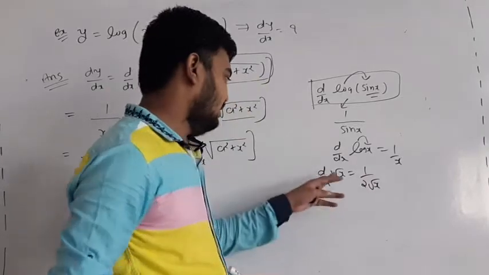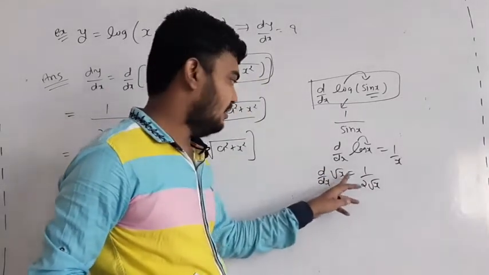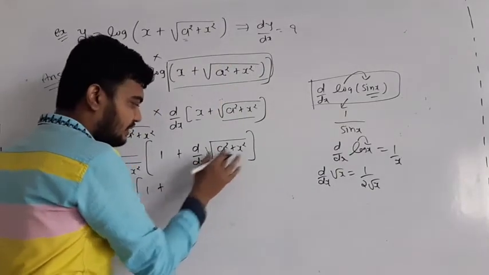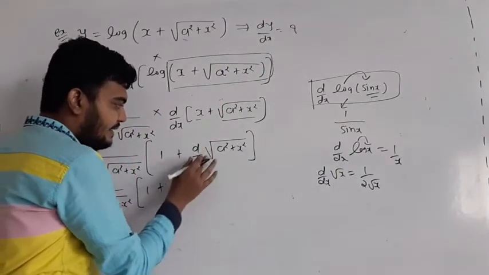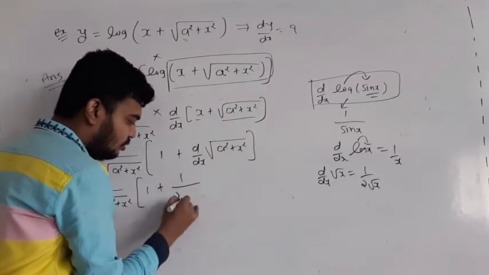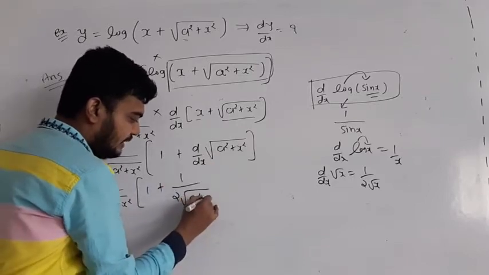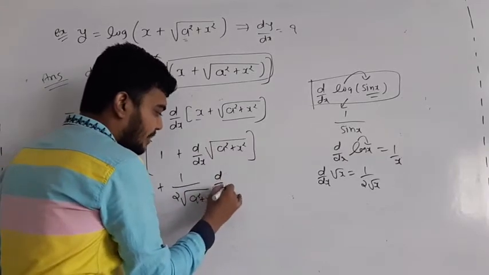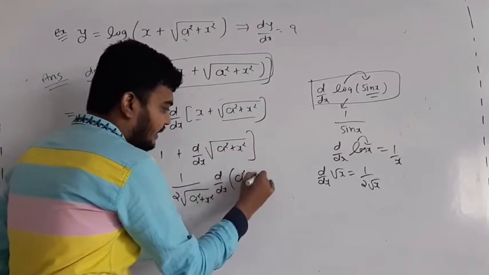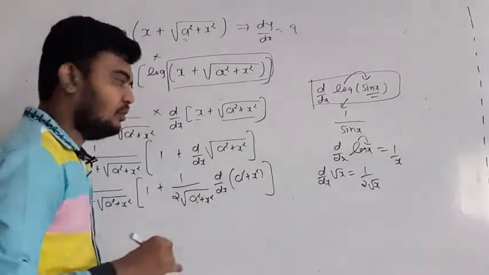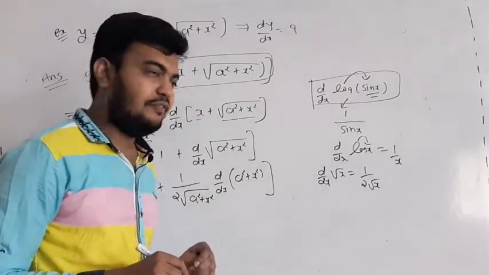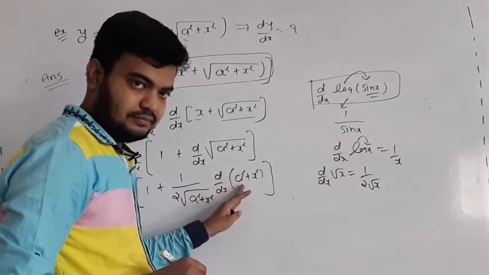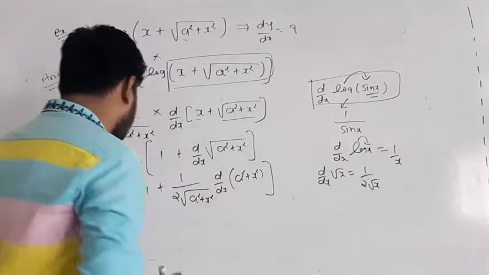If x is the inner side of root, then 1 by 2 root x. Here the inner side of root is a square plus x square, so d by dx of root is 1 by 2 root a square plus x square. It is the derivative of only the power. The derivative of a square plus x square remains, because in chain rule we first take the derivative of the power and then the derivative of the remaining functions.